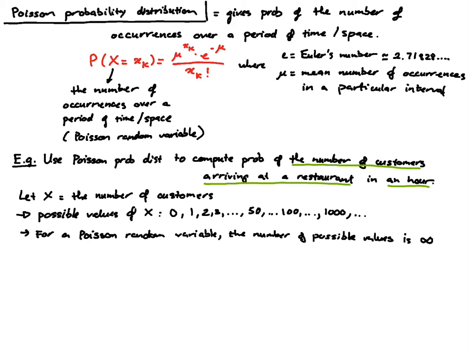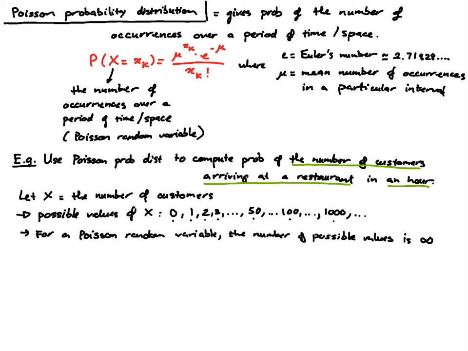So you can have a lot of possible values. For example, here I listed 1, 2, 3, 4, 5, 6, 7, seven possible values, but in fact the number of possible values can be extremely large.